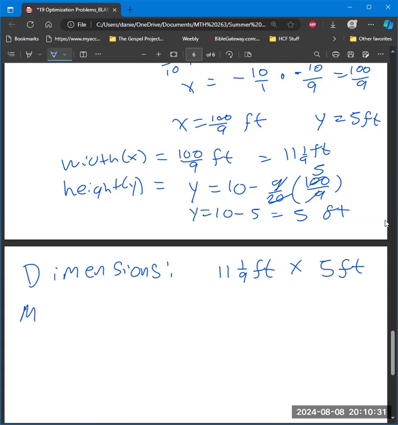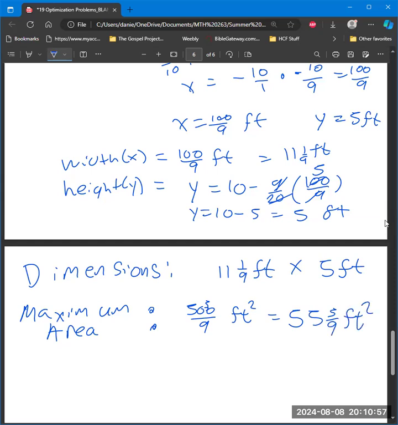Our maximum area is going to be 500 over 9 square feet, which is equal to 55 5/9 square feet.